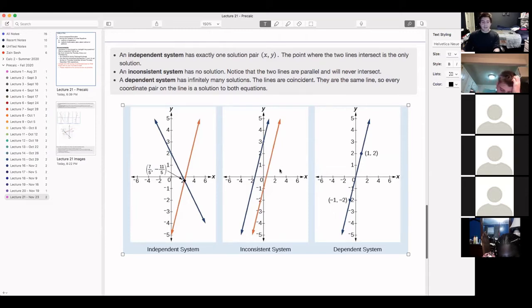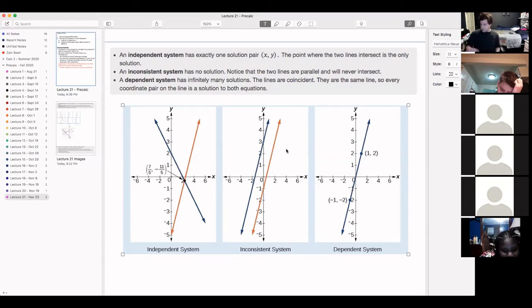And the third one is the dependent system. You have two lines that live on top of each other in the XY plane, and there are infinitely many solutions because there are infinitely many points on both lines. These are the three possibilities. There are no other possibilities. Each two by two system you're given will be one of these.